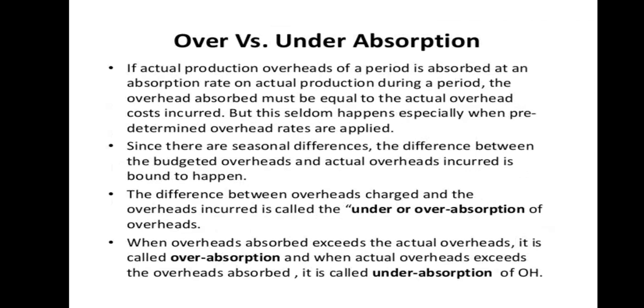So we need to observe a point over here, over or under absorption. Over absorption means it leads to loss, under absorption means it will give a wrong cost analysis. So we need to be a bit careful.